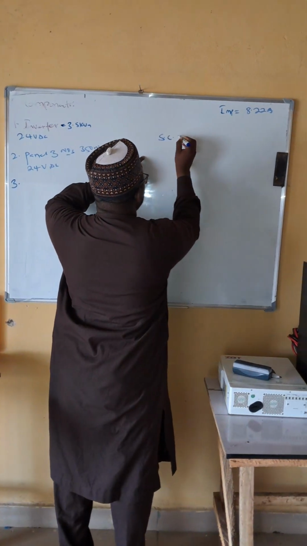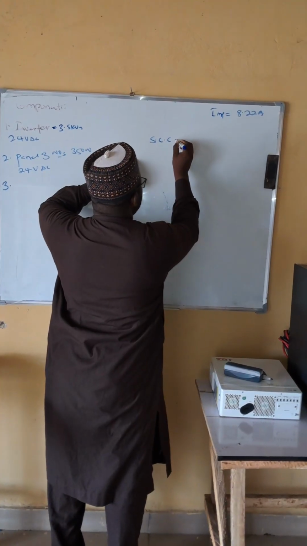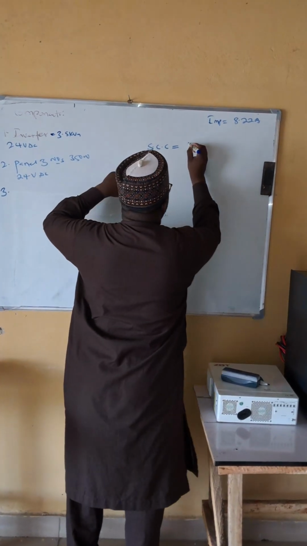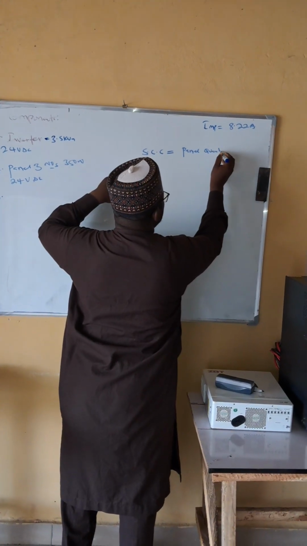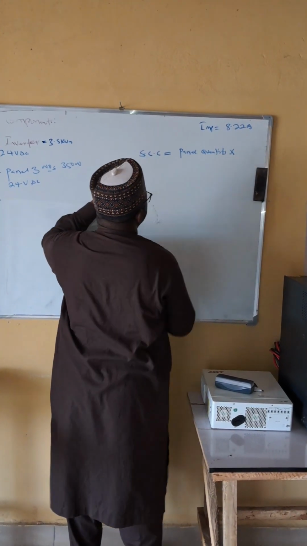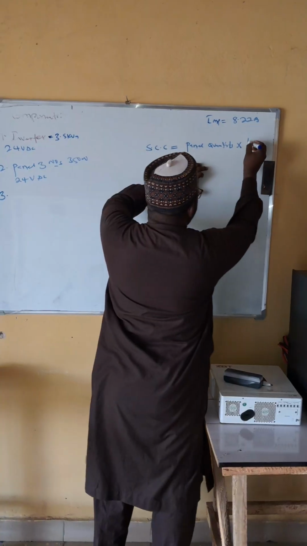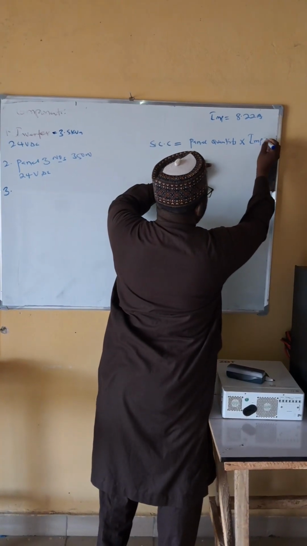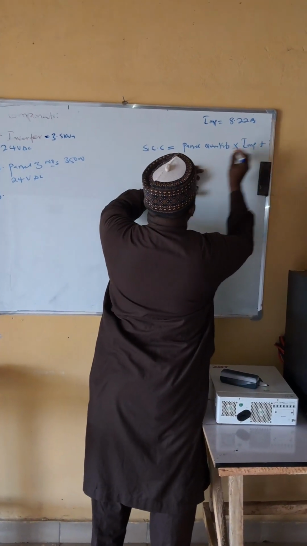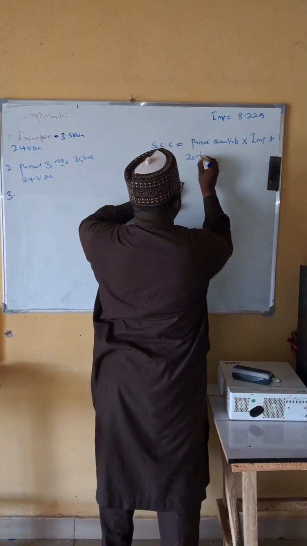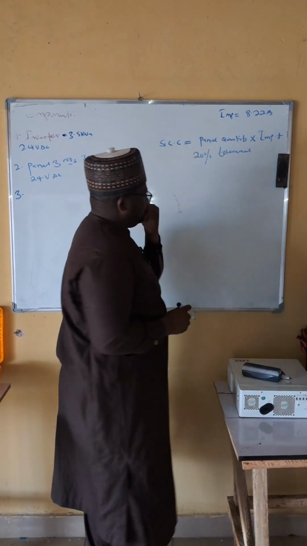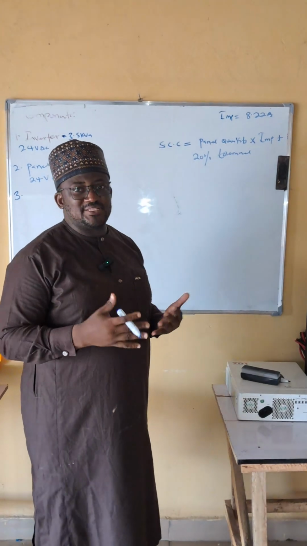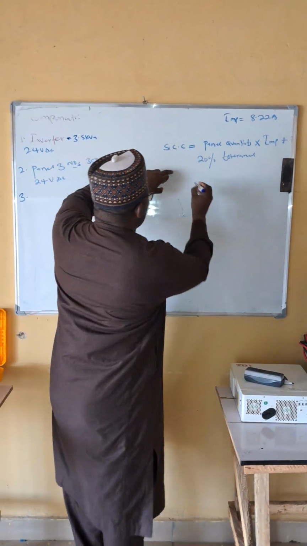Solar charge controller equals panel quantity times the IMP, plus 20% tolerance. This is the formula for us to size our charge controller.